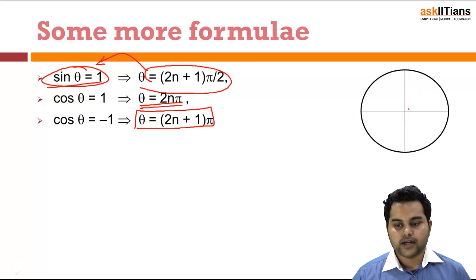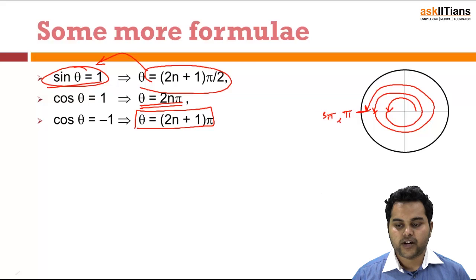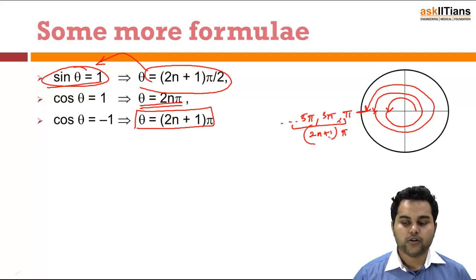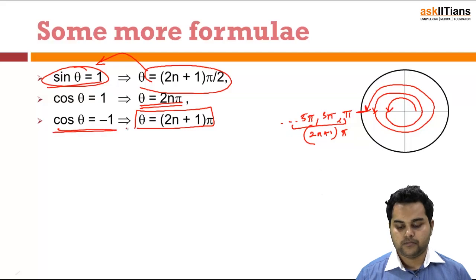So in the first circle I would be getting one value, that is pi, completing the circle, and then again coming I would be getting 3 pi, then in the next circle 5 pi and so on. So these values can be condensed as (2n plus 1) pi would be the solution set or the general solution to cos theta is equal to minus 1.